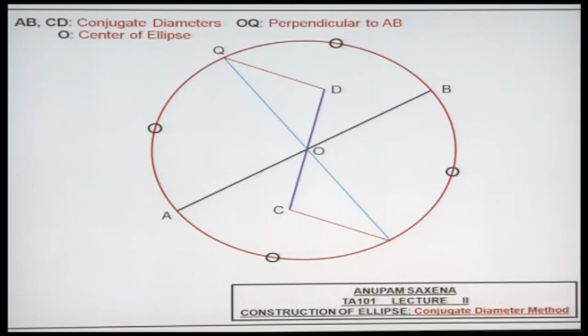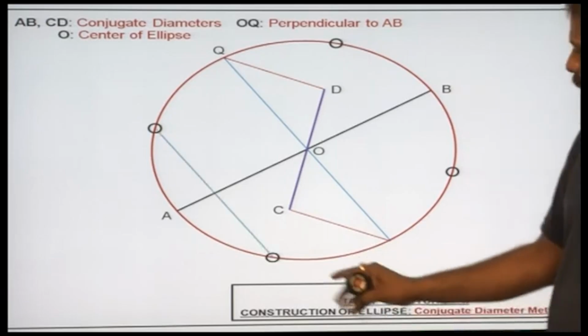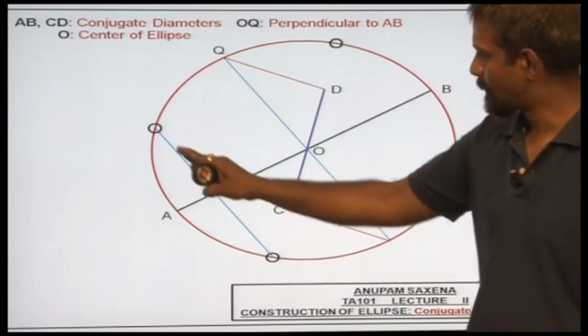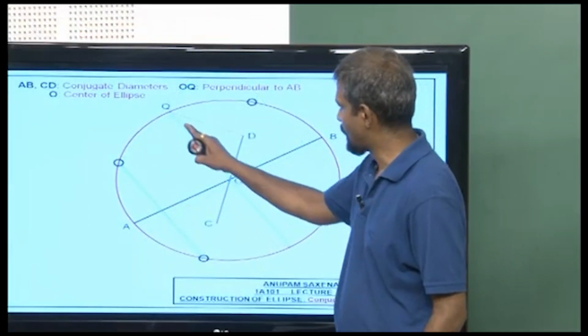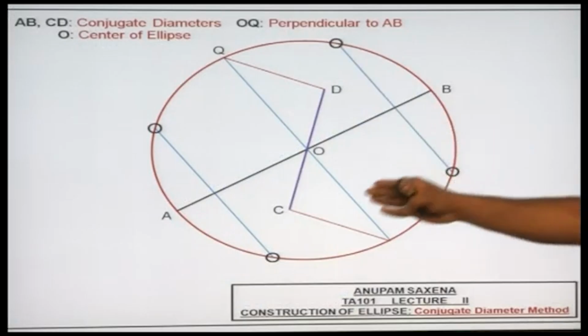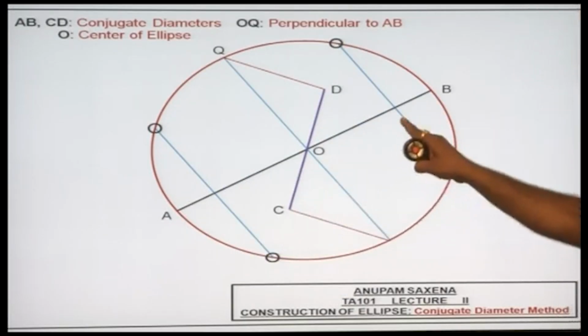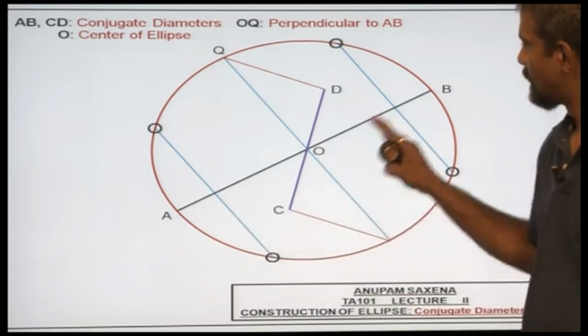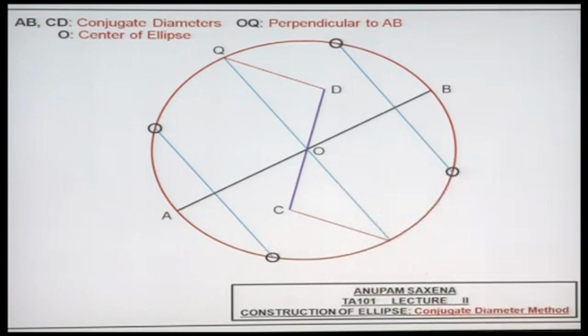Be careful. Now, I am going to be drawing a line which is parallel to this line here, OQ, and likewise over here. Again, I am depicting these lines using color blue just to emphasize that these lines are parallel.